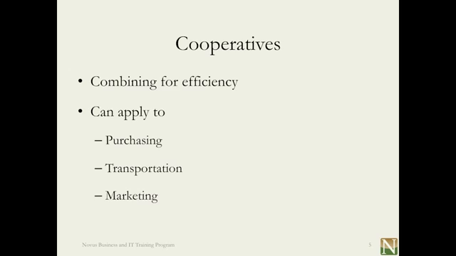Likewise, rather than each using different transportation to get the product from one place to another, these cooperative business associations can negotiate lower transportation costs by giving a larger amount of combined business to one company. These cooperative arrangements not only make the businesses more efficient, but those efficiencies can also lead to higher profits.